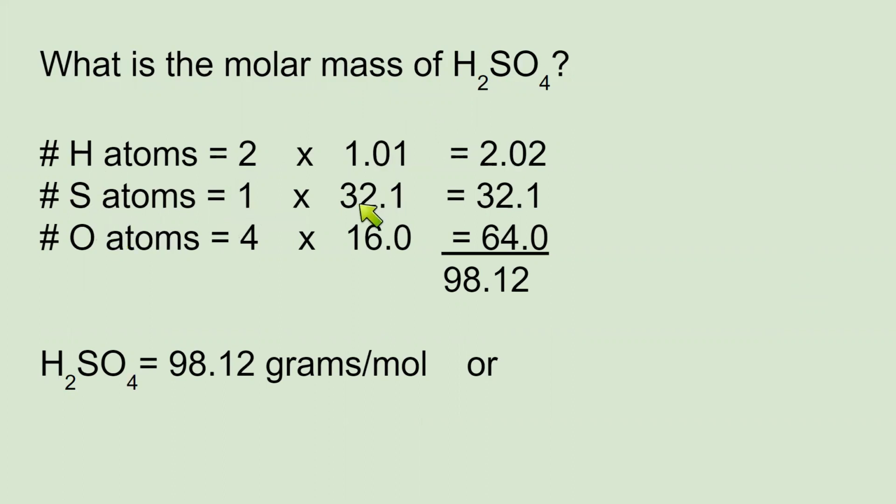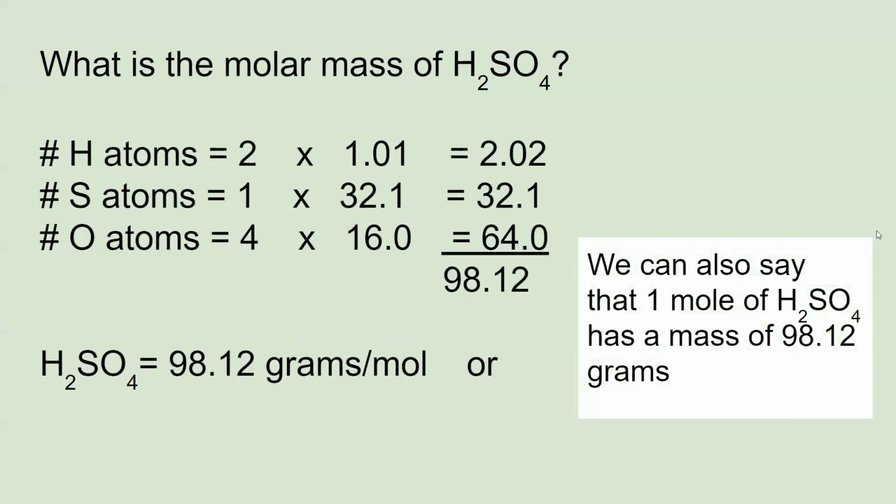Sulfur has a mass of 32.1. Then we had oxygen, there's 4 oxygens right up here. 4 times 16 for each oxygen. Okay. And so we'll take these 3 numbers, we add them up, and you get 98.12. So 1 mole of H2SO4 has a mass of 98.12 grams.